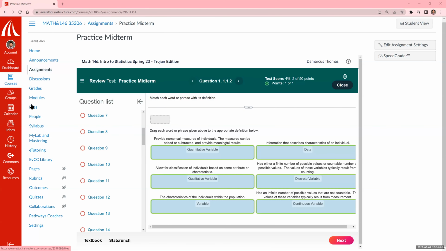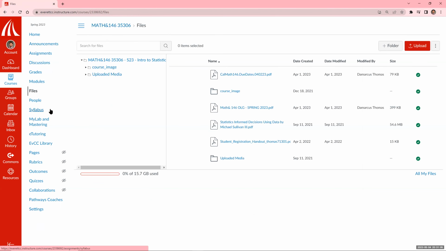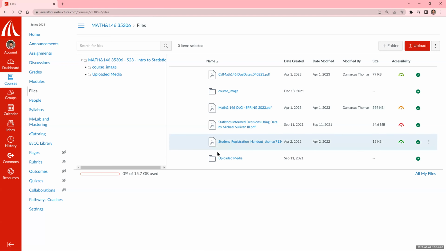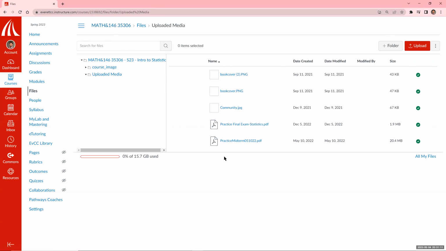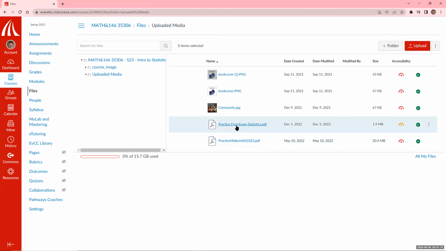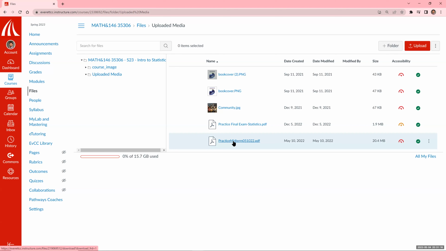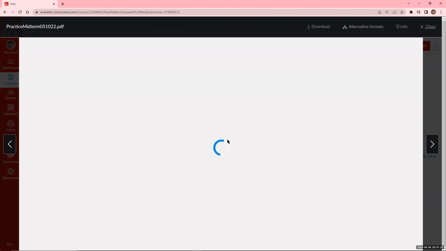I will also point out that in the files section, I actually have a PDF copy under uploaded media. I have a PDF copy of the practice midterm exam, and I actually have one for the practice final as well. But for this case, we're looking at the practice midterm.